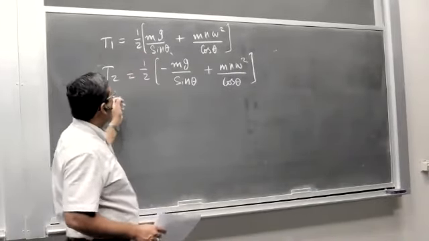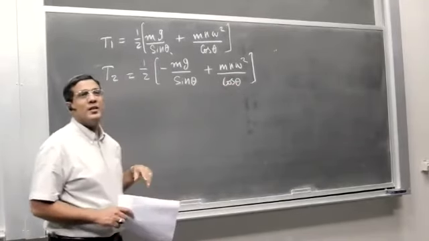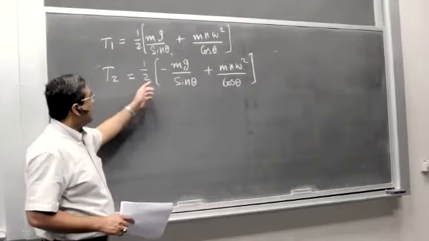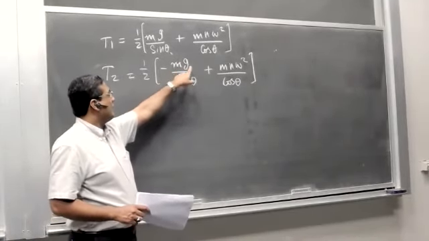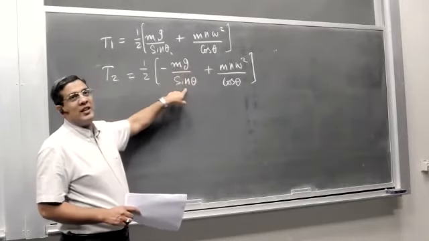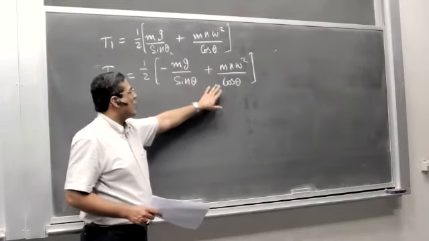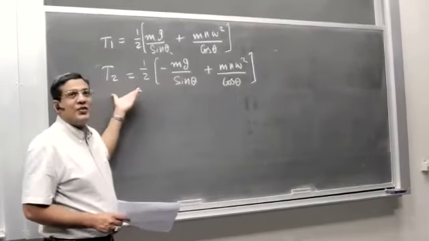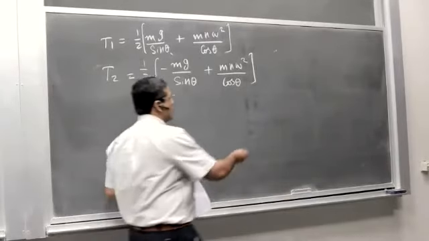But what happens to T2 if you stop rotating? Imagine these are just magnitudes, the mass, the acceleration, and sine theta in the limit 0 to 90 is positive. So what happens is if you stop rotating, the tension in the second string becomes negative. It is no more stretched.